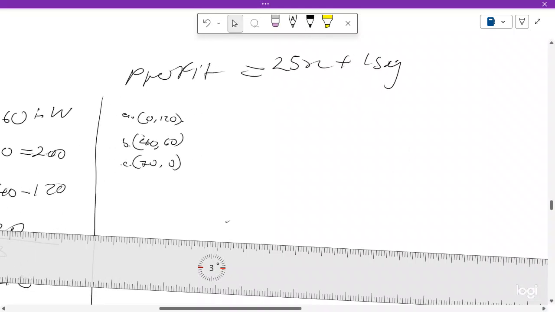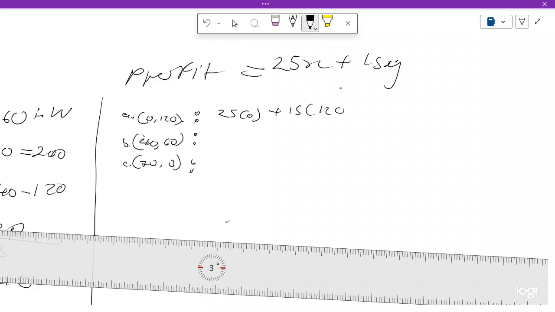So whenever you see that, obviously you must do this to make sure that you're not getting lost. So this one, you see, x is 0 again: 25 times 0 plus 15 times 120 equals to, leave it there.